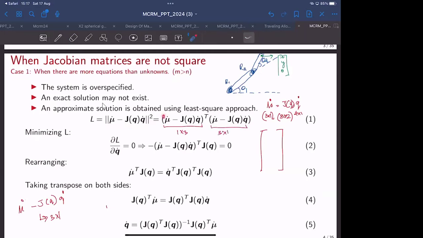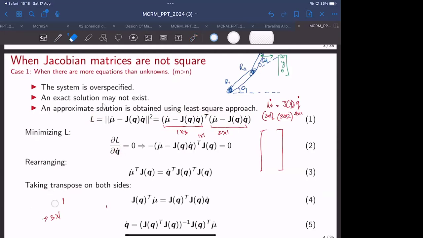So the product of these two vectors would be 1 cross 1, right? And that makes it a scalar objective function that we want to minimize. This is what we want to minimize, this scalar objective function with respect to Q dot.